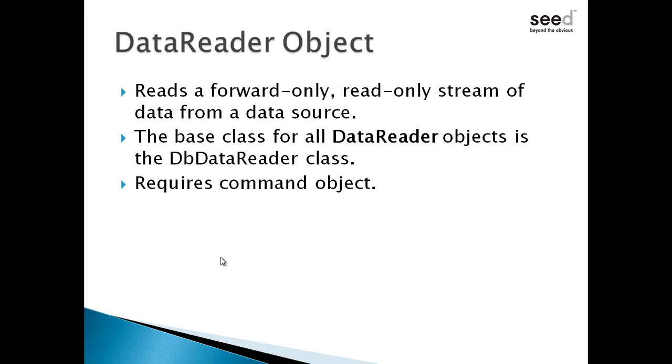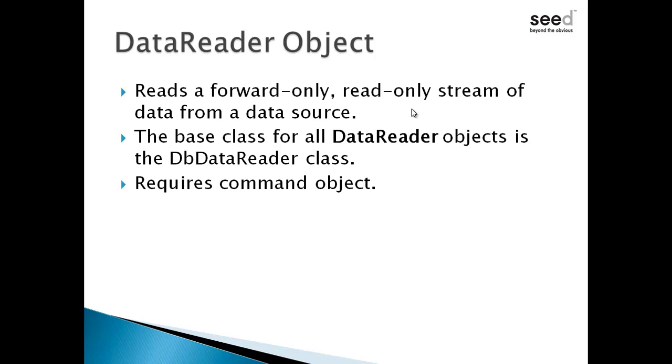Okay, and the last thing here is the data reader object, which we'll use to read data from the database. Here you can see that it reads data as a forward only, read only stream. Means if you are reading record 1, then 2, 3, and then you want to go back to record 2, you can't do that. If you want to do that, you have to start with record 1 again, then come to record 2.